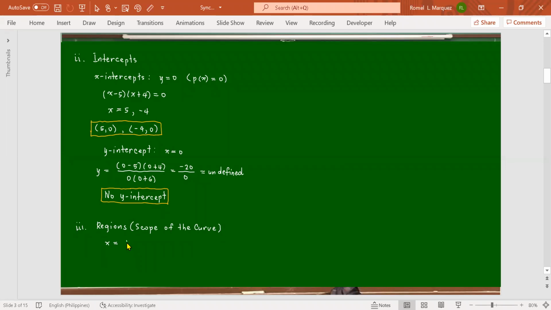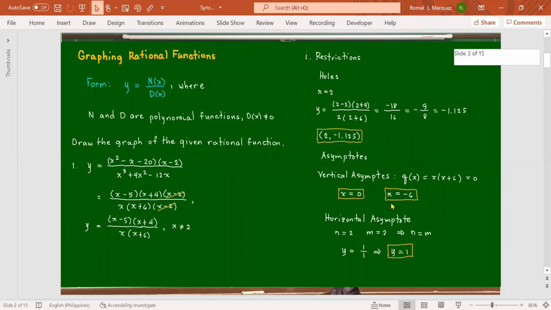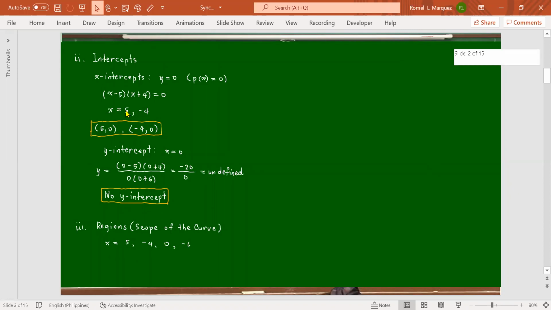For the x-intercepts, we have 5, negative 4. For the vertical asymptotes, we have 0 and negative 6. This will serve as our partitions on the number line, on the x-axis. So we're now going to arrange them from lowest to highest. Okay, guys?